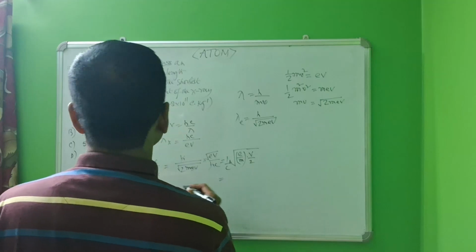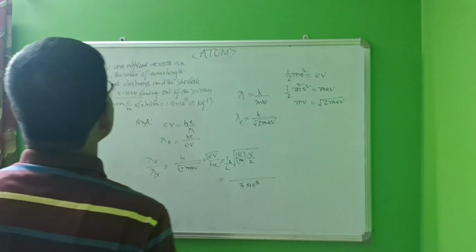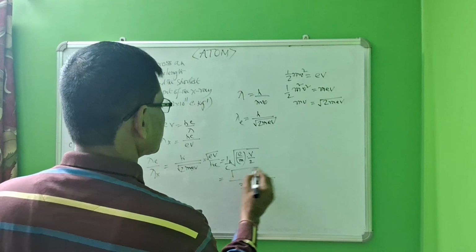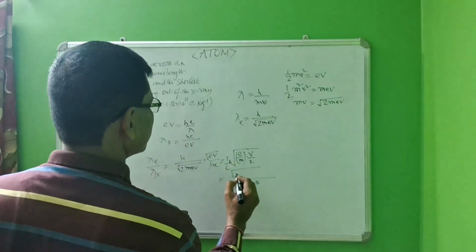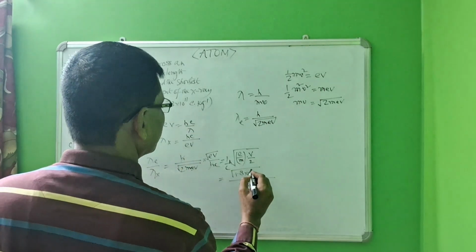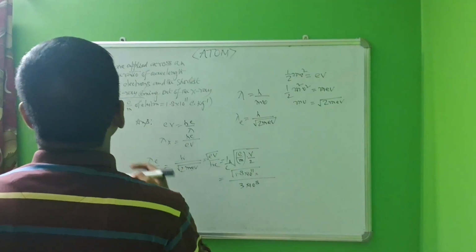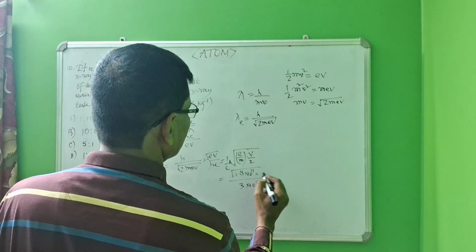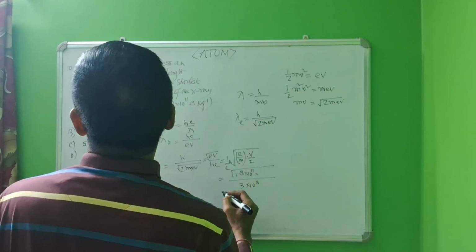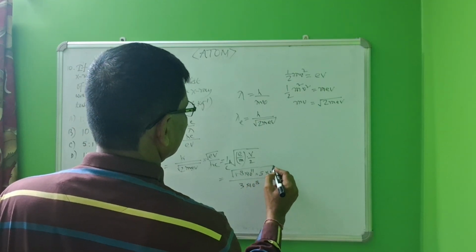Now put in: below, 3 into 10 to the power 8, because this system is in SI units, and above, e by m has been given as 1.8 into 10 to the power 11, and V by 2 means 10,000 by 2, which is 5,000, 5 into 10 cube.